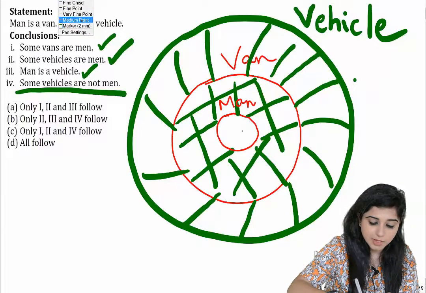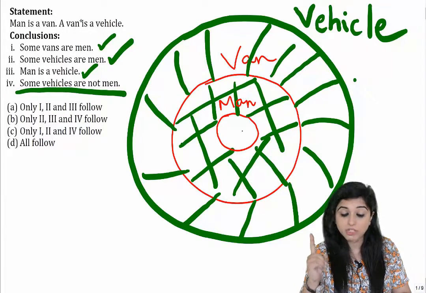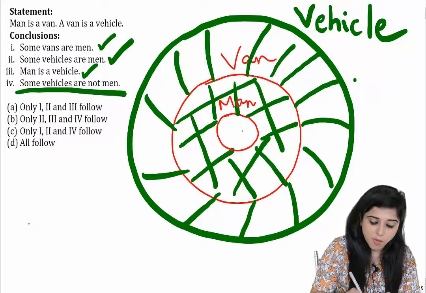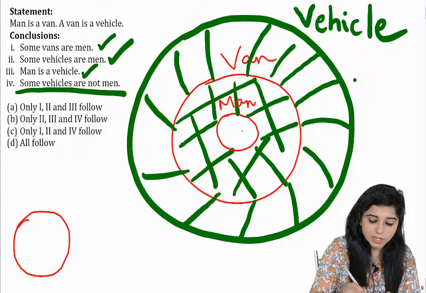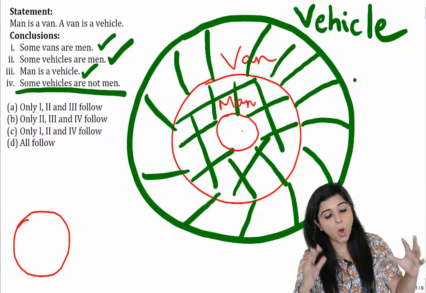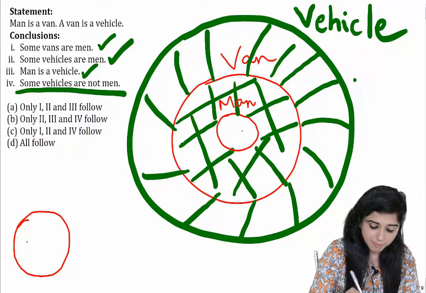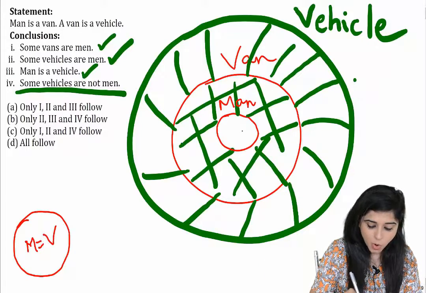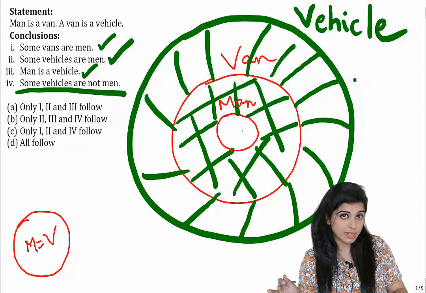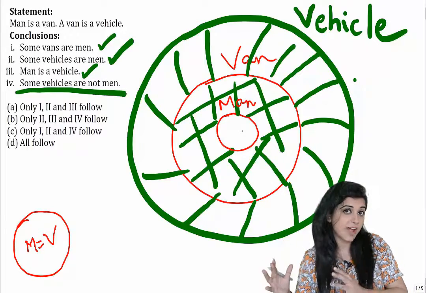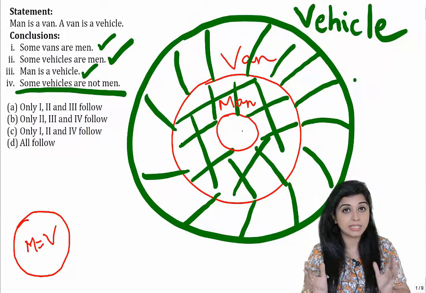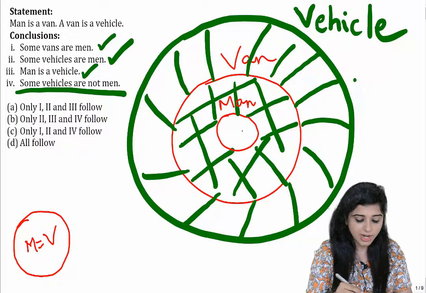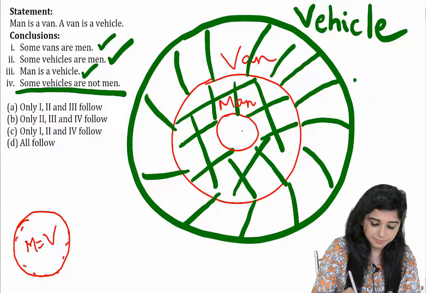This statement wouldn't follow, because remember, there is one more possible representation of the all statement. When you say all man is a van, there's a perfect possibility that m is equal to v. All of man is a van, two superimposing sets, two overlapping sets, right? Man is equal to a van.